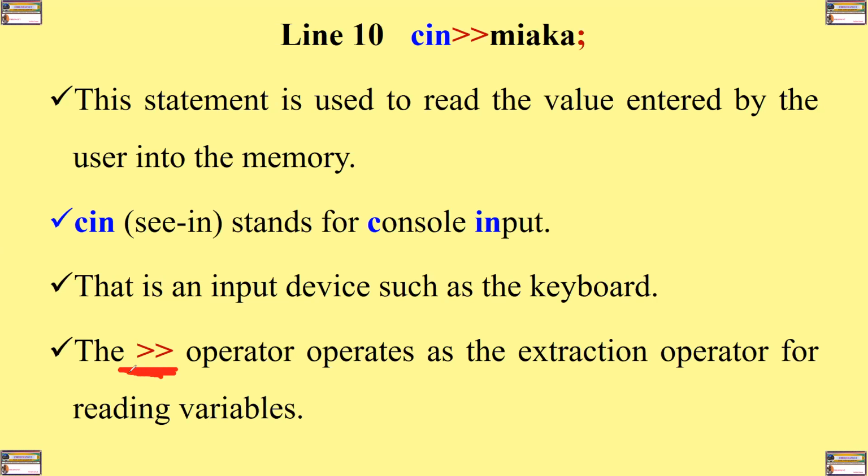And therefore, the name of this operator is the extraction operator. Or sometimes you can call it the input operator. So it is not a greater than sign. You don't call it greater than sign in C++.